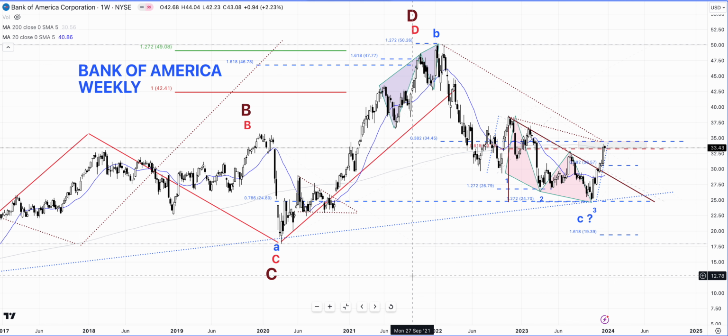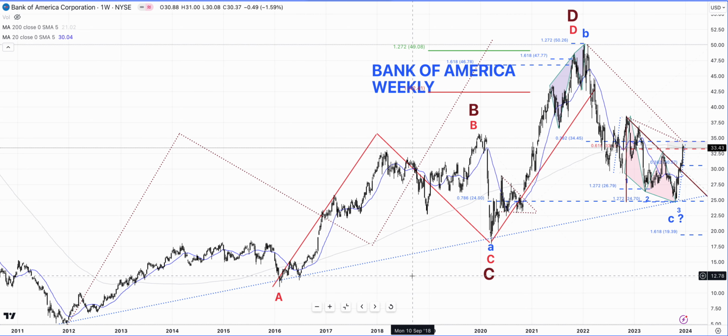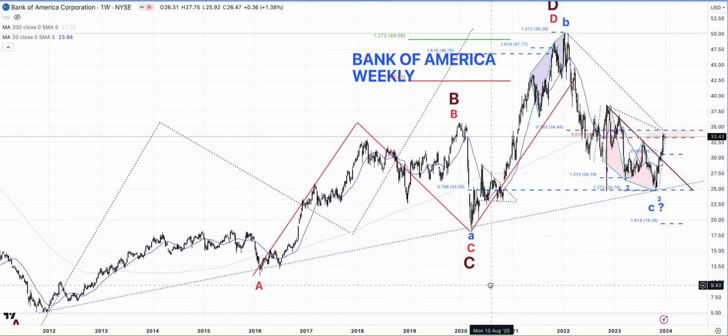When the price actually exceeds the one-to-one price projection, in other words the ABCD, that's the way we like to call it, there is a chance that there might be another longer term, bigger cycle which might be pushing the price higher, in the case of prices moving higher. And then it becomes a case of going and finding what that might be. I have just illustrated that using Bank of America stock as an example.